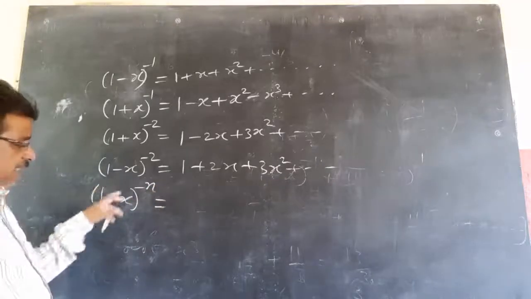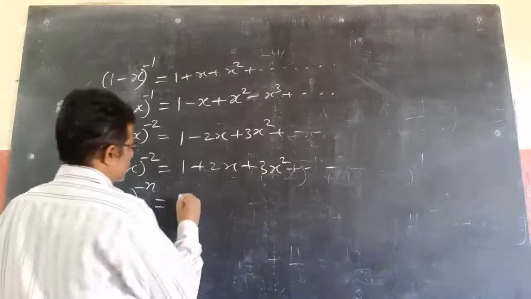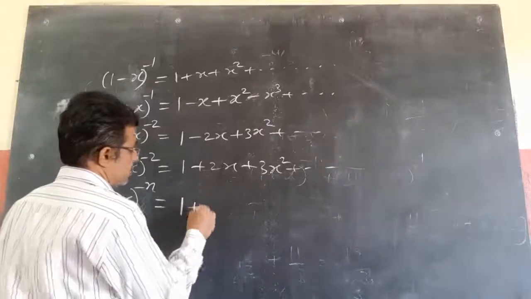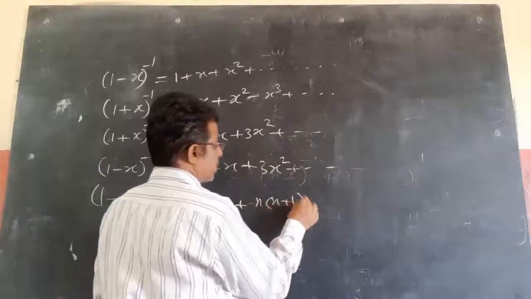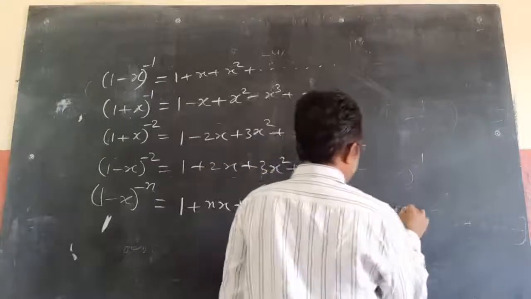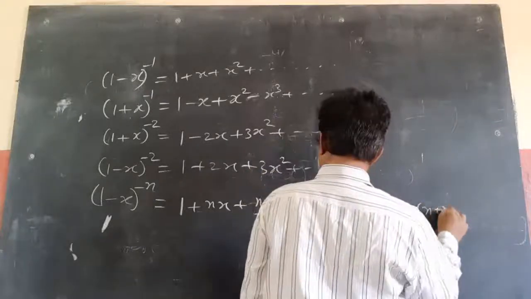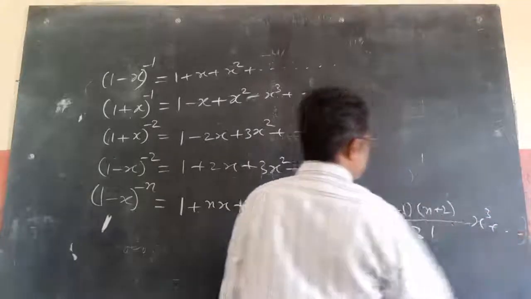And if you want plus x, substitute minus x in place of x. So this is 1 plus nx plus n(n plus 1) by 2 into x square plus n(n plus 1)(n plus 2) by 6 into x cube and so on till infinity.